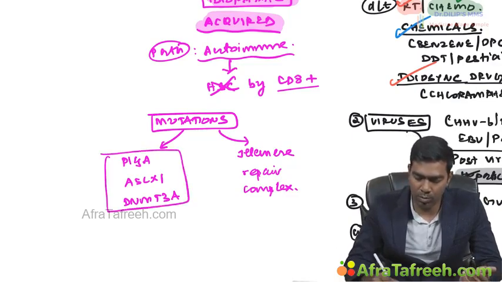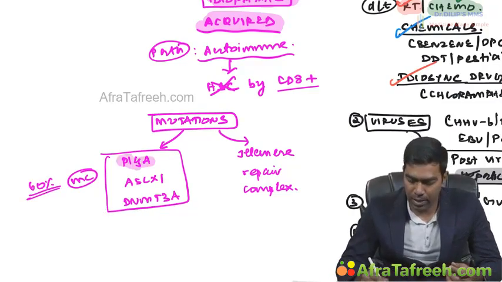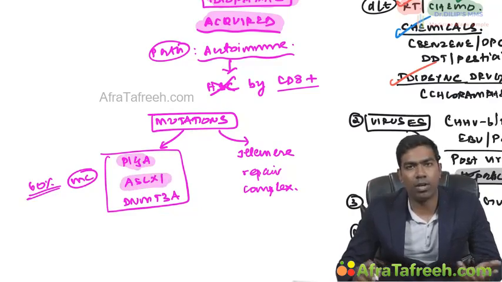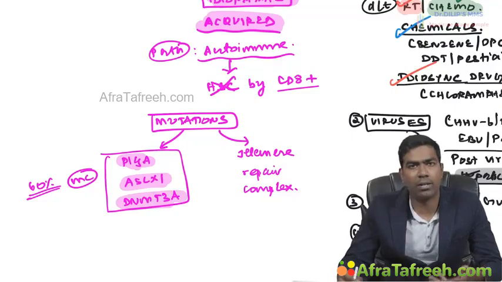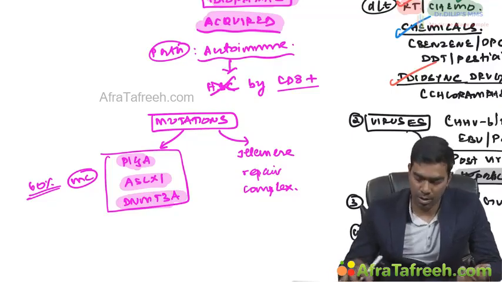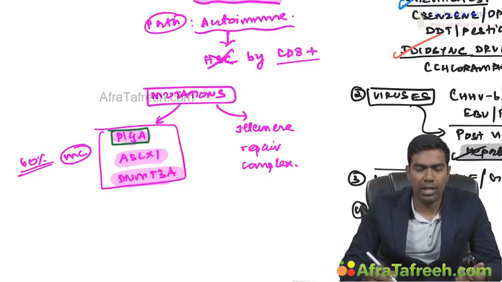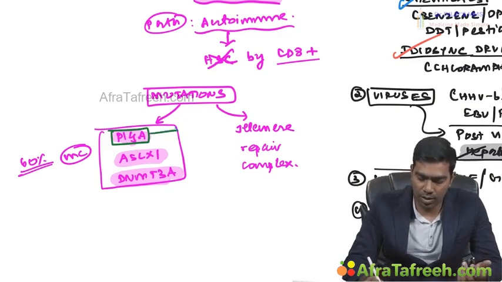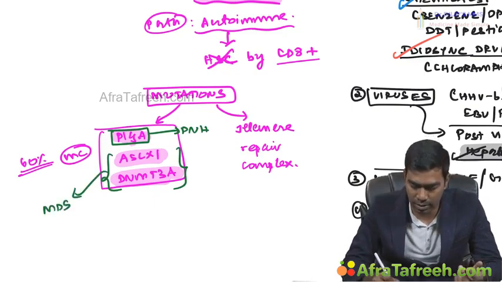So this group is the most common, accounting for almost 60% of the mutations seen in aplastic anemia. PIGA gene, ASXL1, and DNMT3A, that's your DNA methyltransferases, those enzymes. Remember, this PIGA gene is also associated with PNH, as you know very well, and ASXL1 and DNMT3A are also associated with myelodysplastic syndromes.